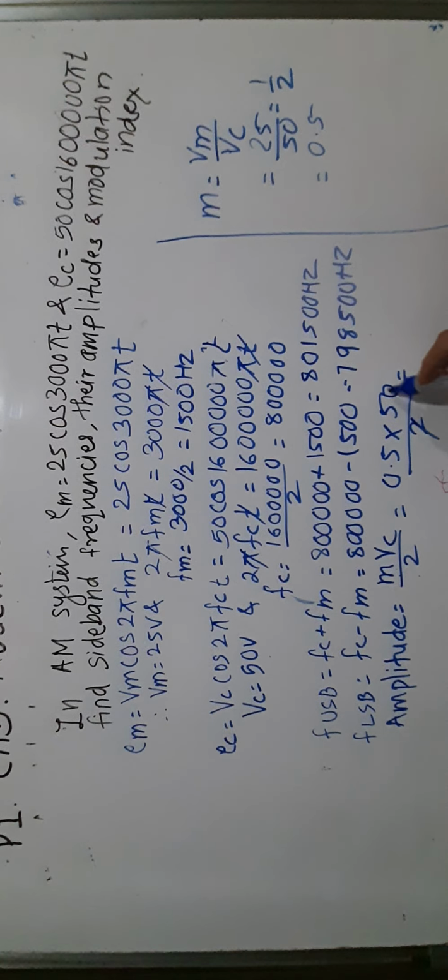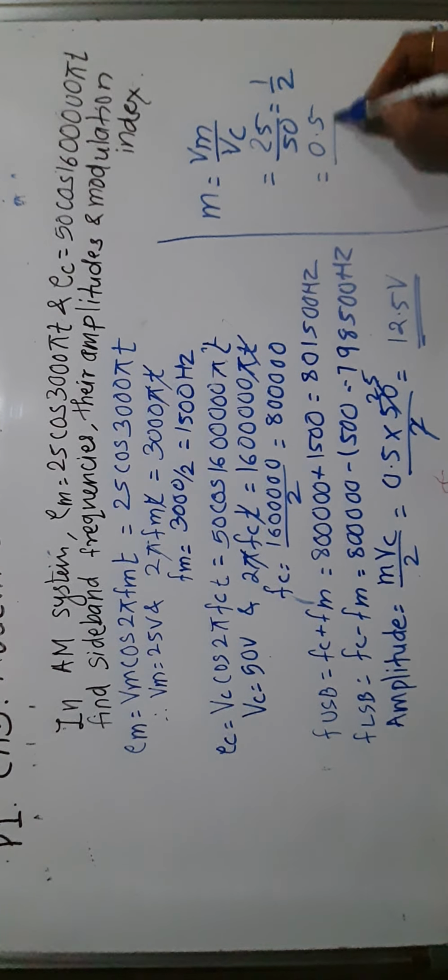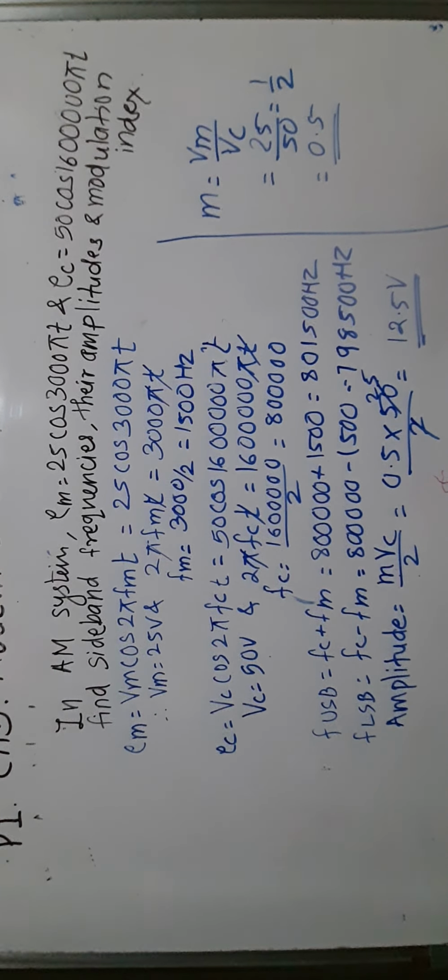So 2 fives are 10, so the value will be 12.5 volt. This is the value of amplitude and this is the value of modulation index. Amplitude of both USB and LSB, they are same.